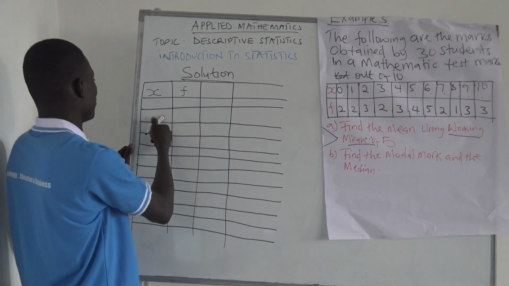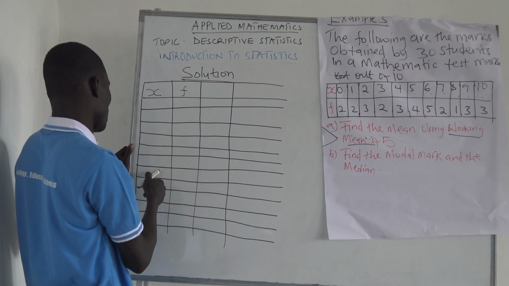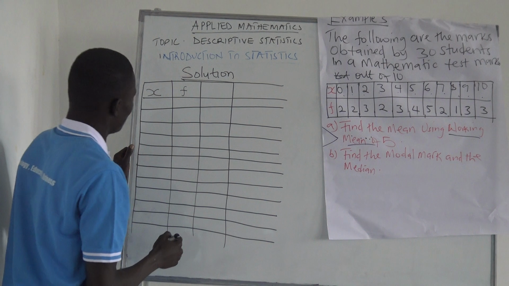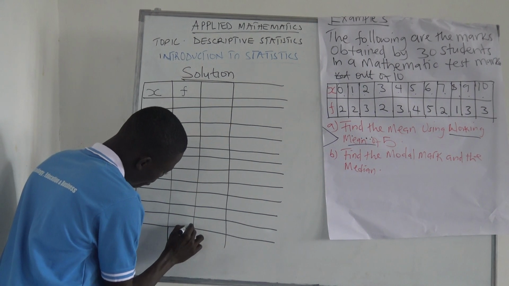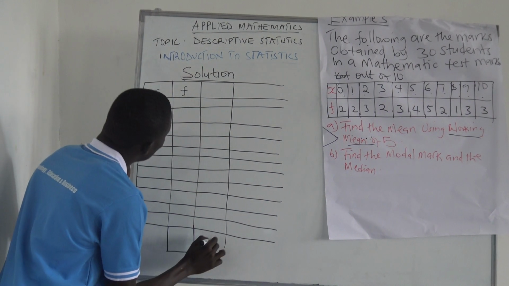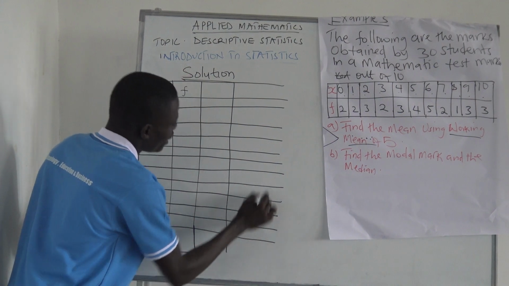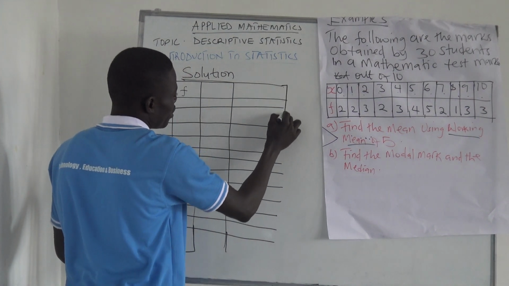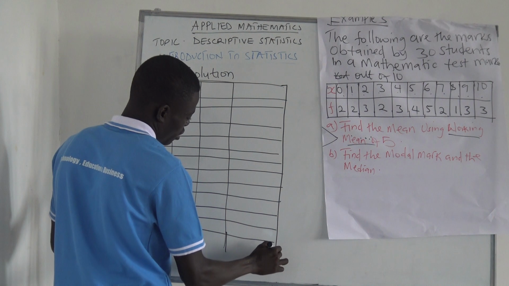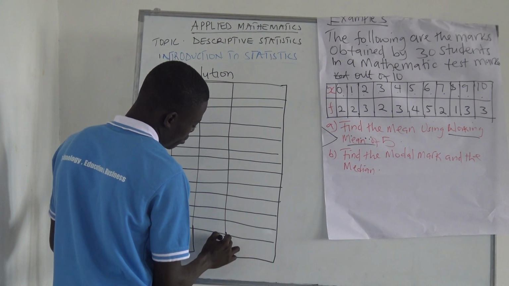Here we have a column for summing our frequency, and this one we have for summing our D. Make sure I use a straight line.